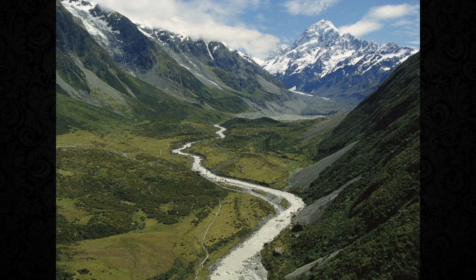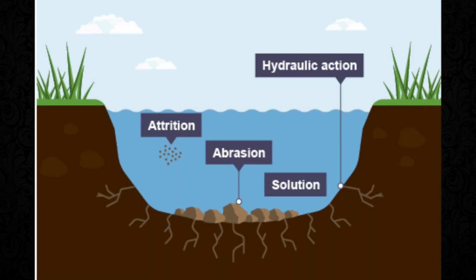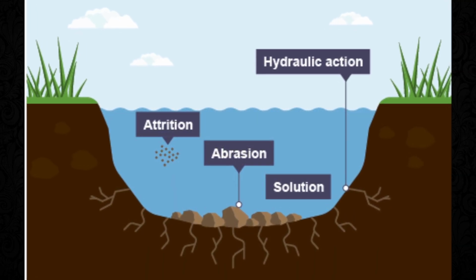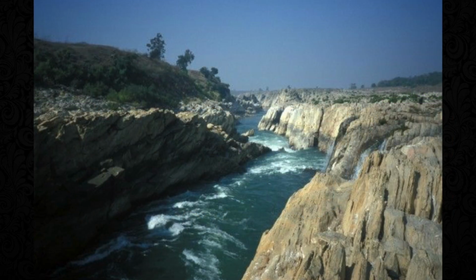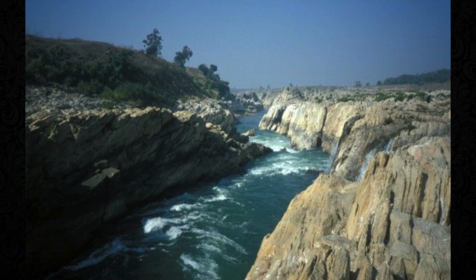That is, the river deepens the valley by vertical erosion undertaken by the processes of corrosion, abrasion, and hydraulic action. Vertical erosion is prominent when the river is in the initial stage or the mountain stage. Due to the vertical erosion or down cutting, V-shaped valleys or valleys with steep slopes are formed.